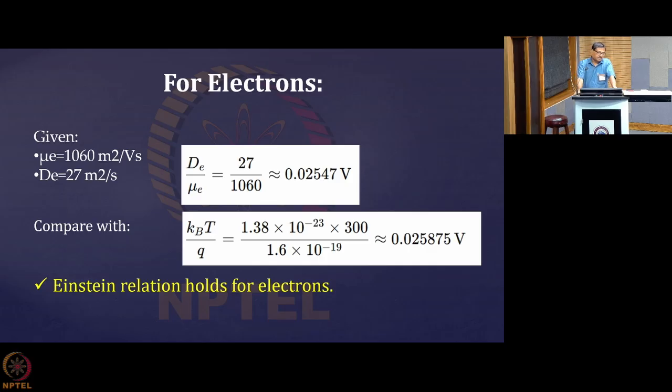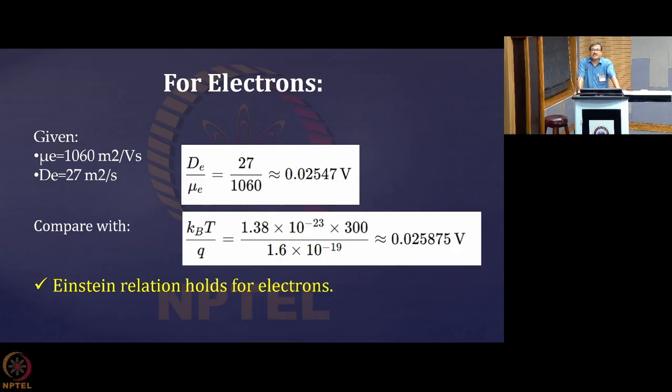So for electrons, D is 27 and mu is 1060. So D by mu is 27 by 1060, which comes to 0.2547 volt. Then kT by q comes to 0.025875 volt.